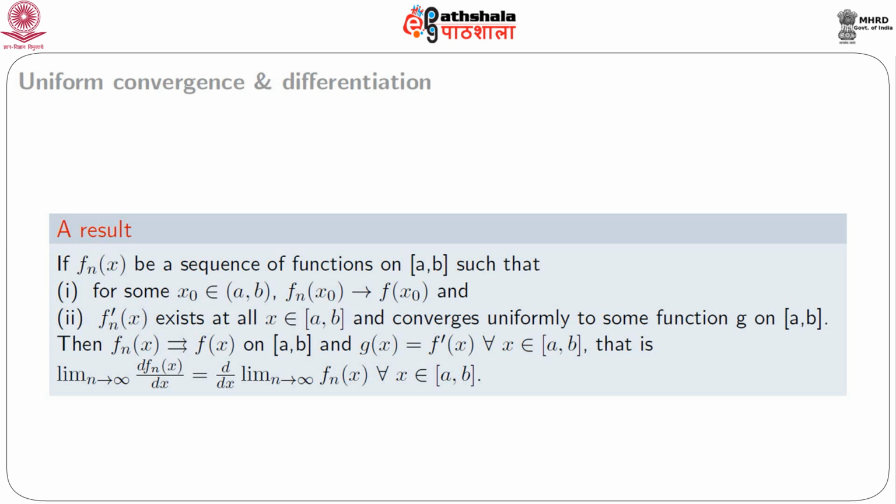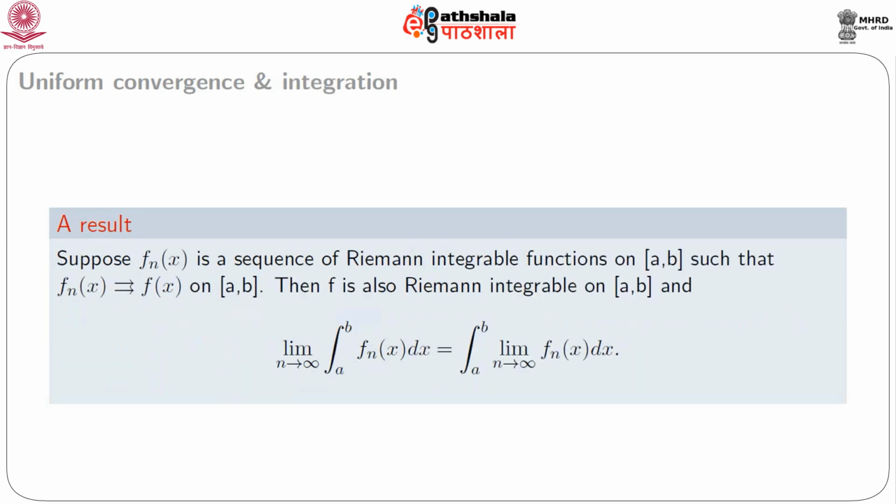Then fn(x) converges uniformly to f(x) on [a, b], and g(x) is f dash x for all x belonging to [a, b]. That is, the limit of the derivative of fn(x) is the same as the derivative of the limit of fn(x) for every x belonging to [a, b]. That is, as a consequence of uniform convergence, differentiation and limit operations become interchangeable.